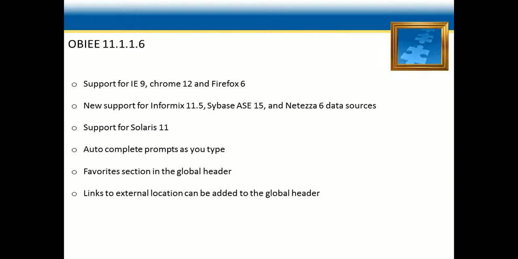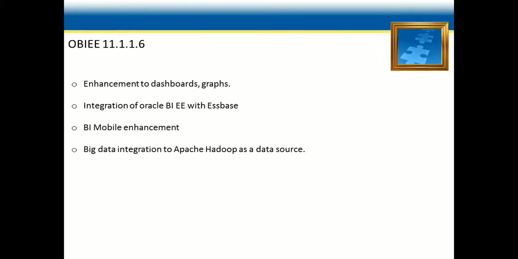These three supports they have given. New support for Informix 1.5, Sybase ASE 15 and Netezza 6 data sources where you can connect at that time. Support for Solaris 11, autocomplete prompts as you type, favorite sections in the global header, and links to external locations can be added to the global header.